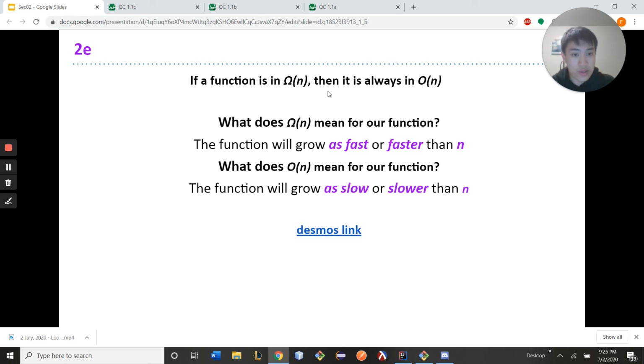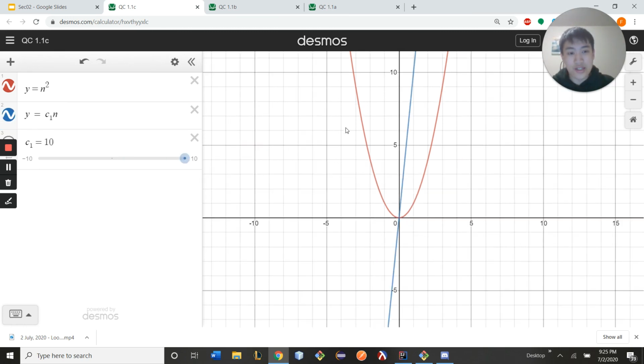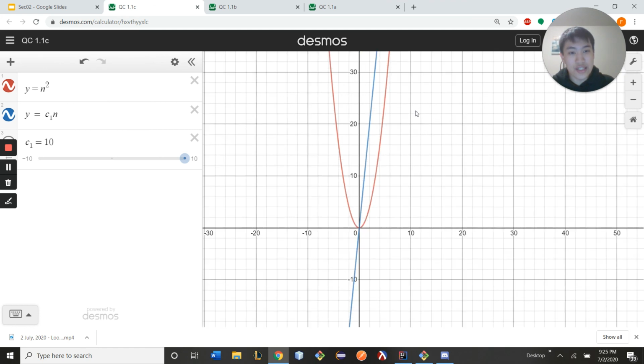Now the other thing that we want to check is whether this function will be in O of n as well. So I have to find some c such that this blue function will be an upper bound for the red function towards infinity. And it turns out that it's actually impossible to do that.